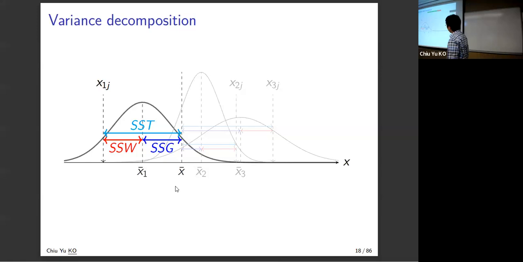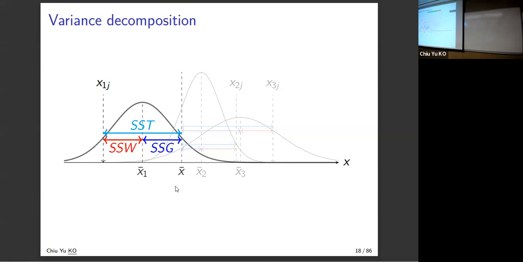You see here, SSW or MSW is measuring the variation within each group, which should be given by sigma. But you look at your data: MSG is measuring how the groups are related, and if they actually differ, this will be very big.